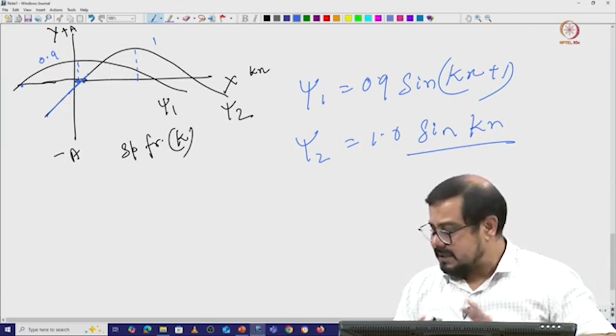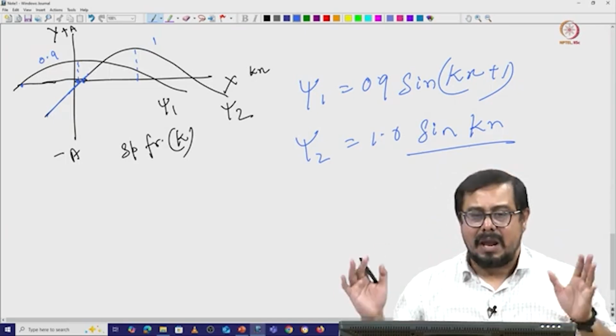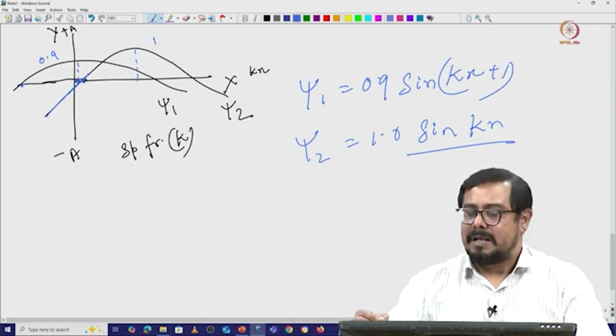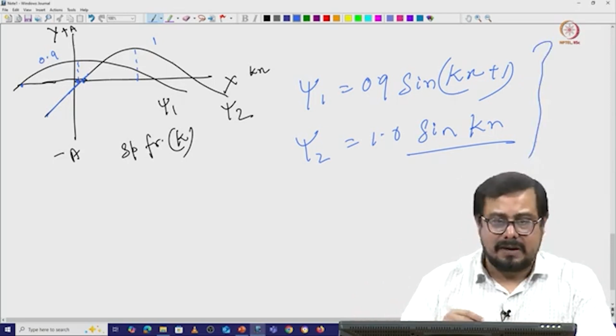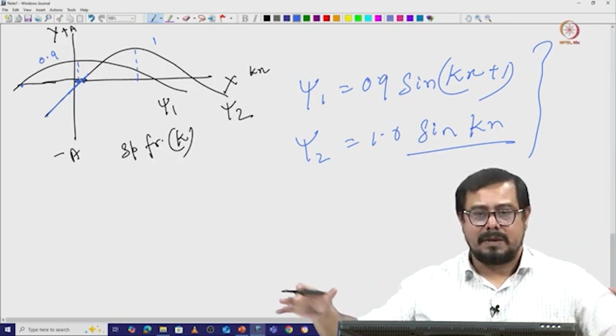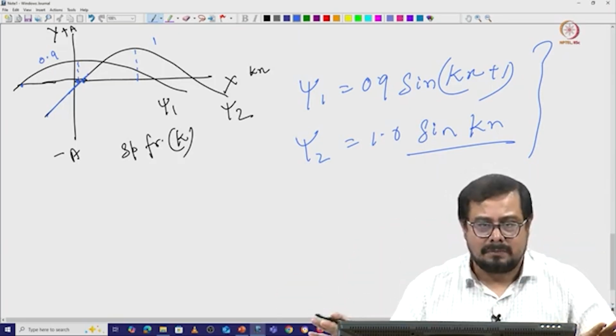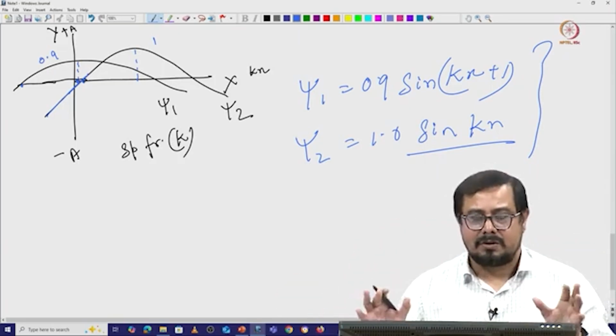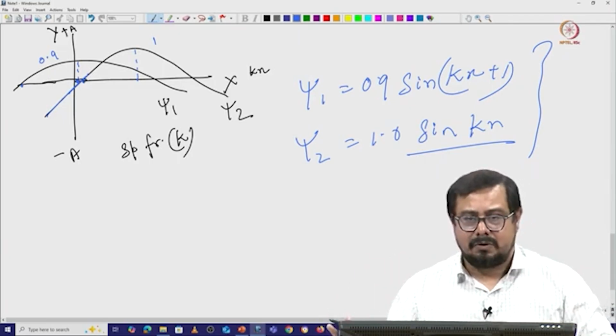When there are waves like this and we want to add them together mathematically, definitely we can add both waves and get a huge mathematical derivation. We are not going into that part because that is not the topic of this particular course.